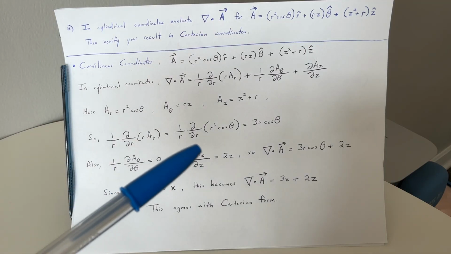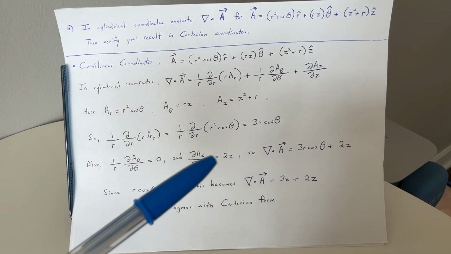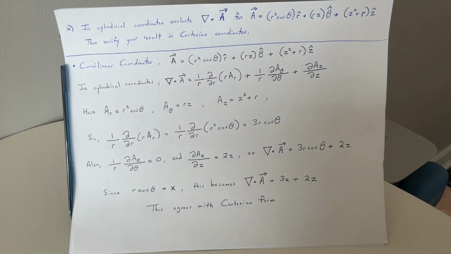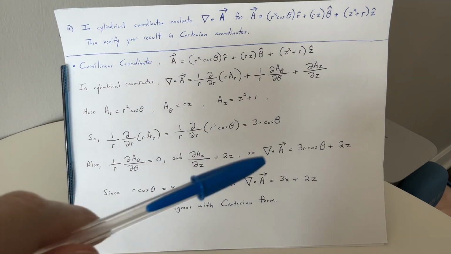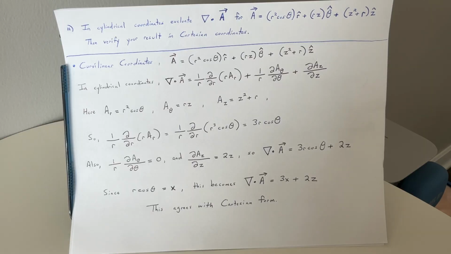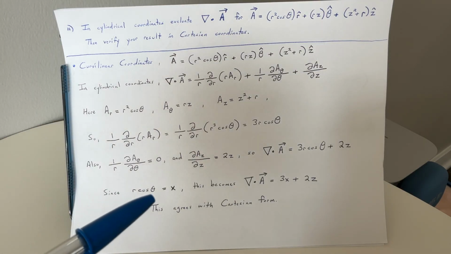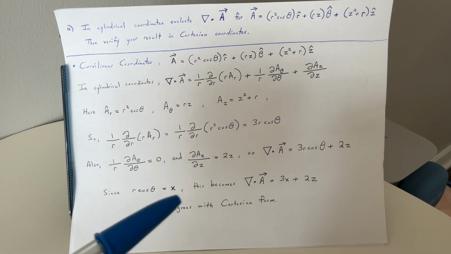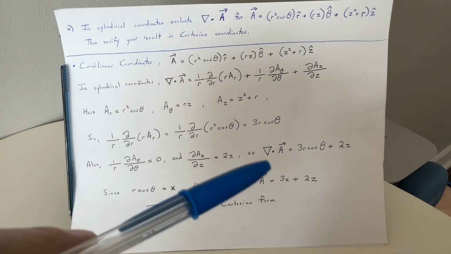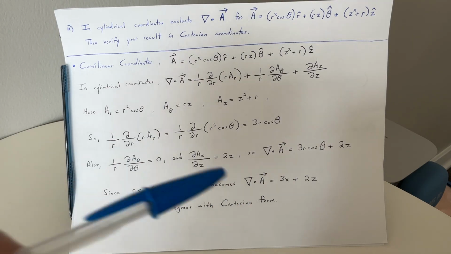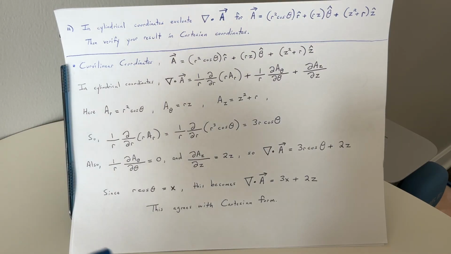And the partial of A sub z with respect to z equals 2z. So del dot A equals 3r cosine theta plus 2z. Since r cosine theta equals x, this becomes 3x plus 2z, and this agrees with the Cartesian form. Okay, so that's number 11.